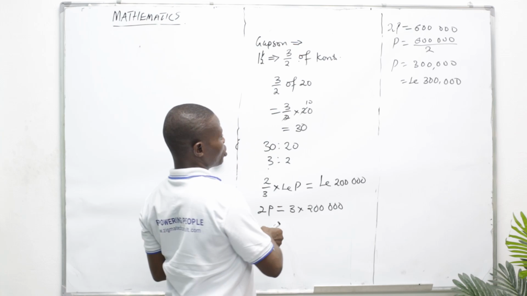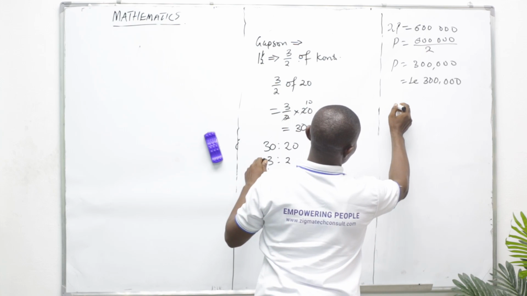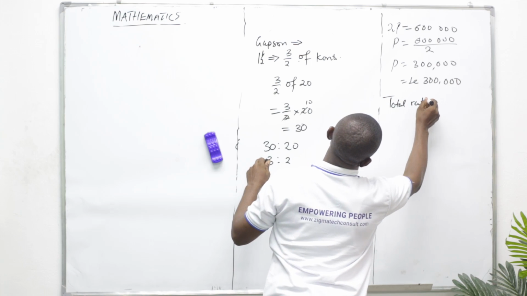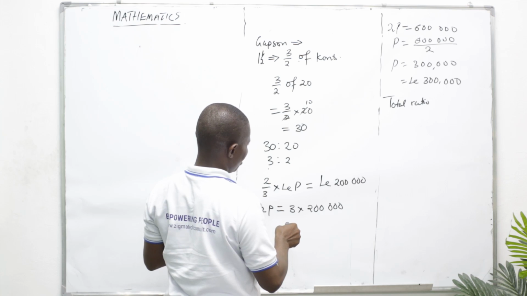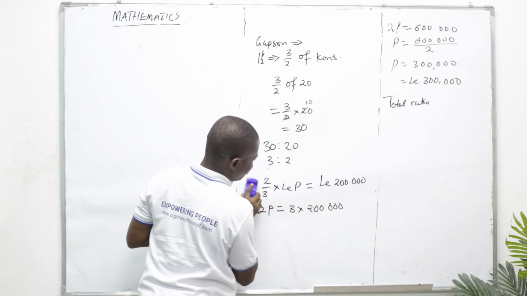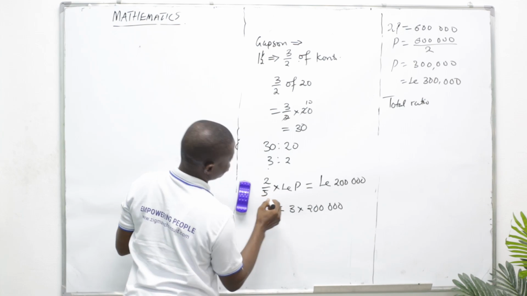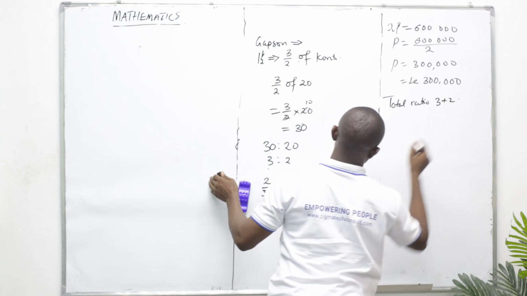So, to know his own share, we have to see the total ratio here. We now apply our total ratio. The total ratio is 5, total ratio equals 3 plus 2.